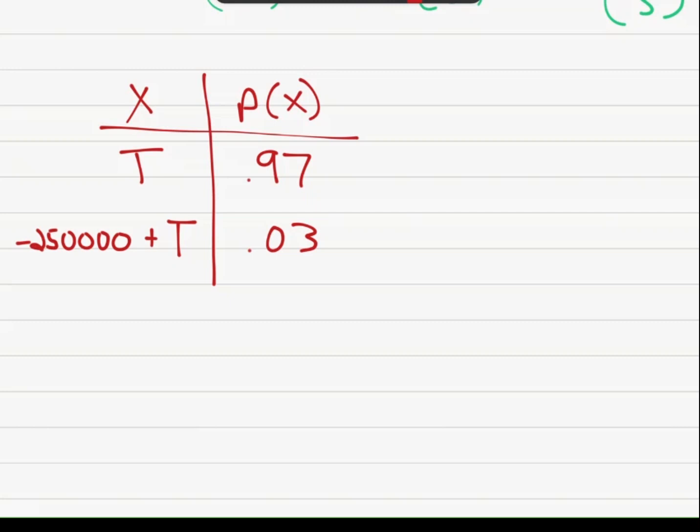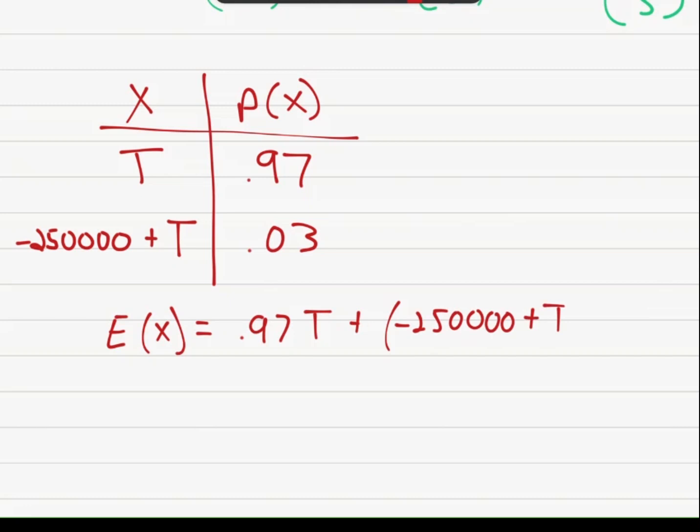Well, let's calculate this expected value. And so I have 0.97 T plus the minus 250,000 plus T times 0.03. So notice that I just end up with T minus 250,000.